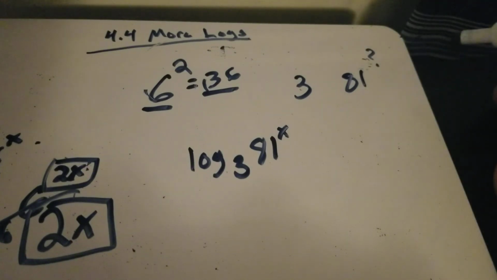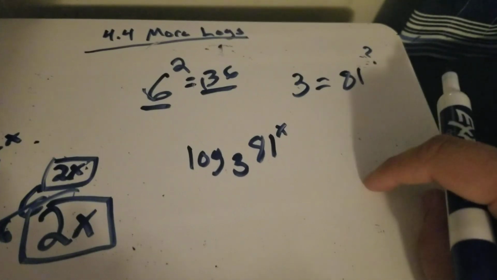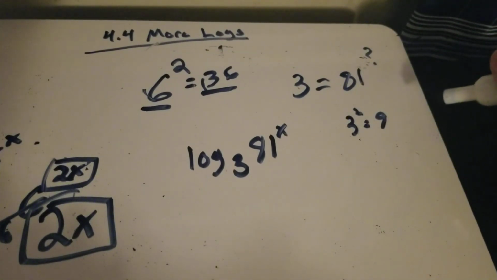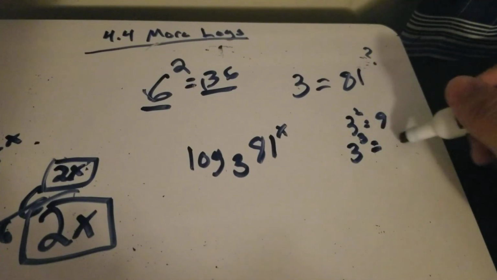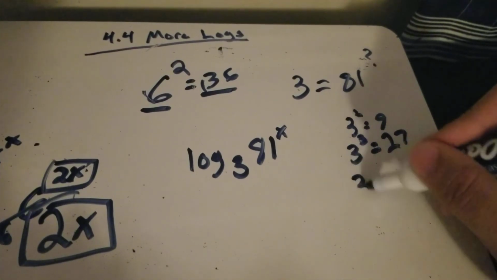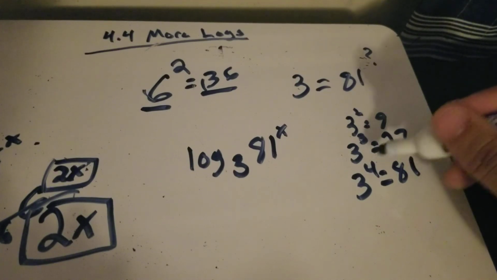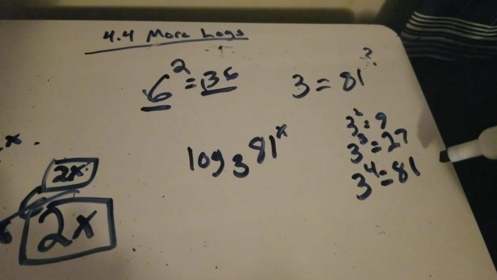Well, 3 squared, 3 times 3 is 9. No, that doesn't work. 3 times 3 times 3, so 9 times 3 is 27. Nah, that doesn't work. 3 to the 4th power is 81, because 3 times 3 times 3, which is 27, times another 3 is 81.